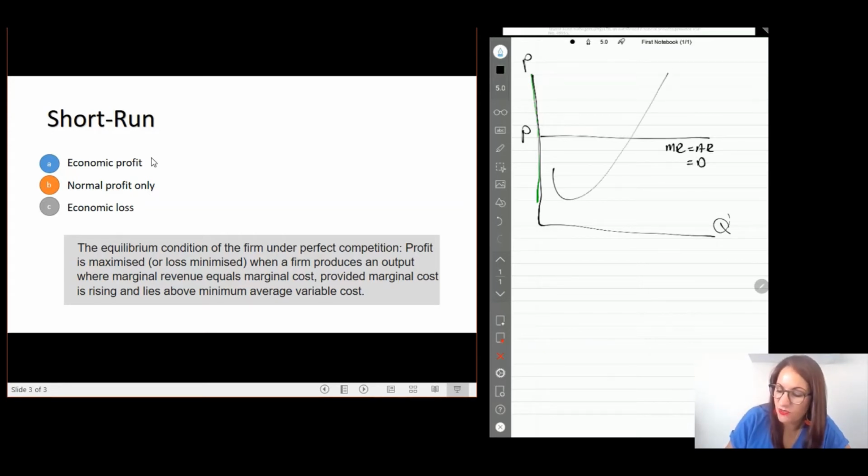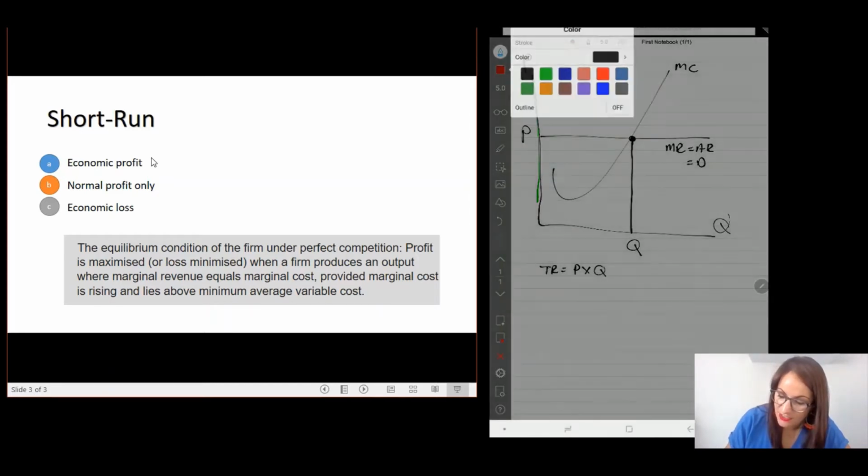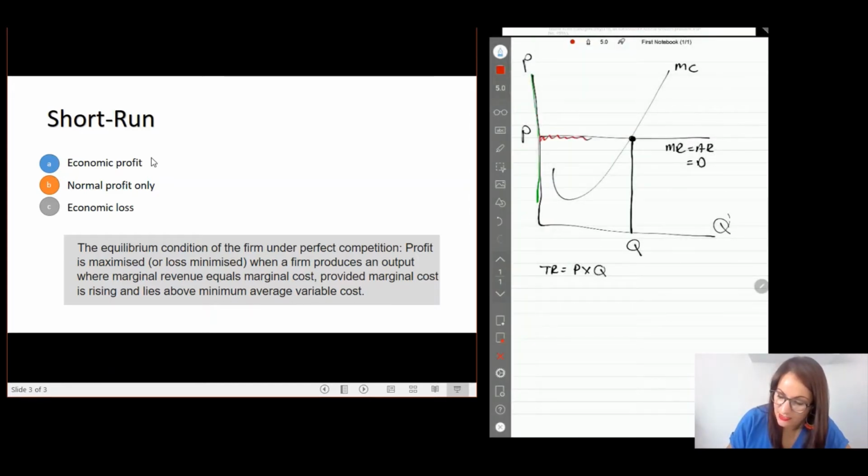Then you put in your marginal cost curve. And then it's also important, as we saw in the previous video, to indicate the profit maximizing point, because that is where you maximize profit, where MR equals MC. Then total revenue can be determined, because that is price times quantity. So your total revenue is this red block here.